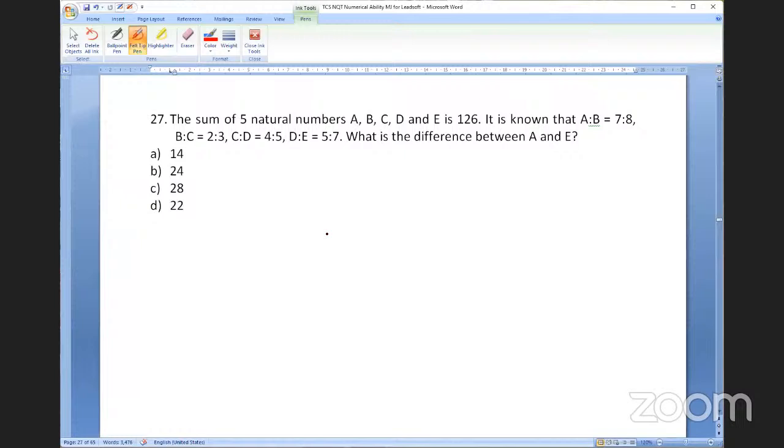Okay, let's find a way out on how to join ratios.